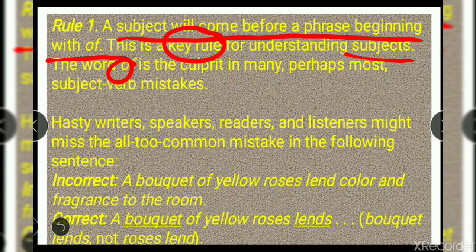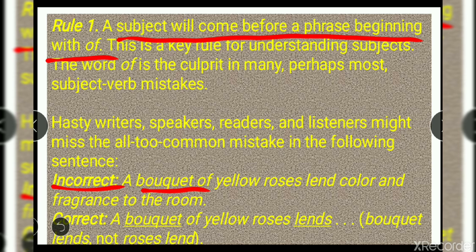Lot of people, lot of students, lot of learners, they are making the same mistake when they are working with the subject-verb agreement, and the problem arises with this culprit of. Suppose if we see one example, let's see the incorrect form at first.